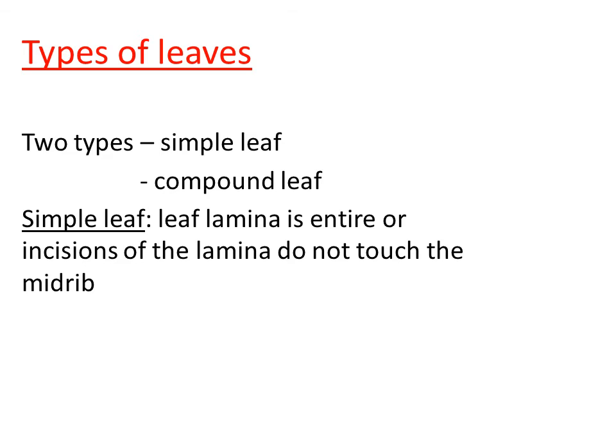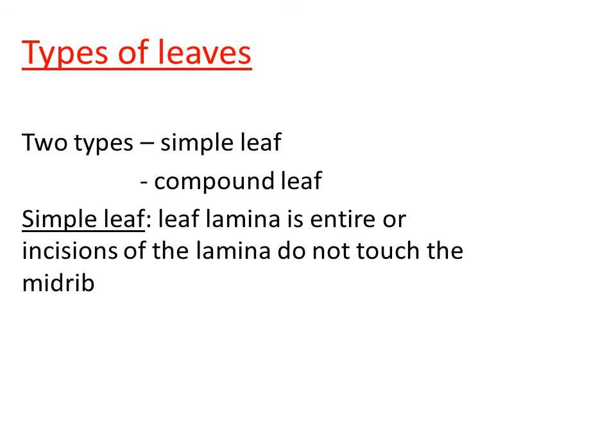What kind of margin can we see in the leaf lamina of hibiscus? We can see cut ends, right? Those cut ends are nothing but incisions. Incisions in a simple leaf do not touch the midrib, right? Suppose it touches the midrib, that kind of leaf we do not consider a simple leaf.